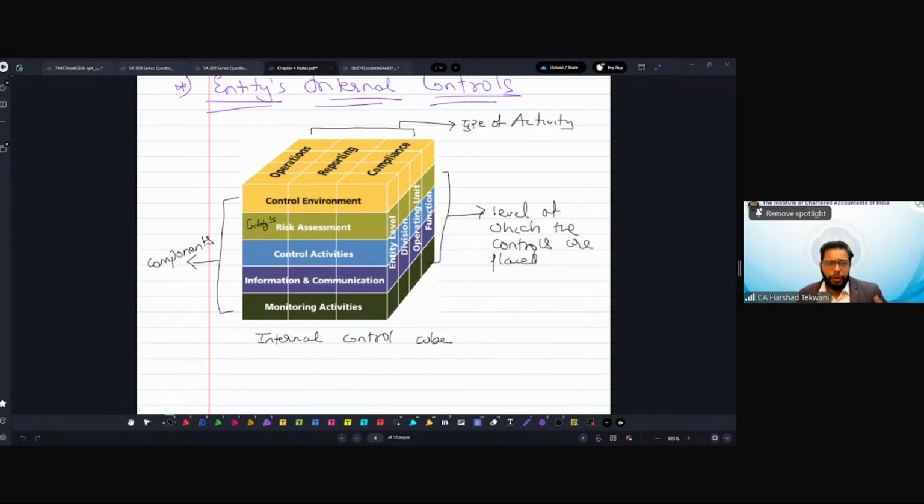Why do we have information and communication as a control component? What is it doing over here? Anyone?